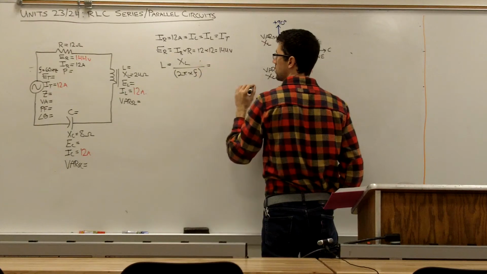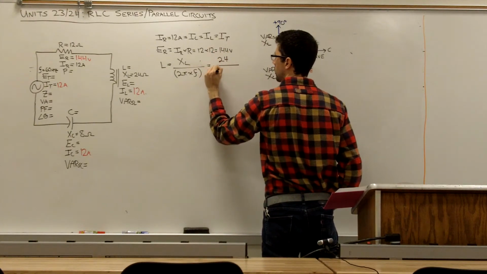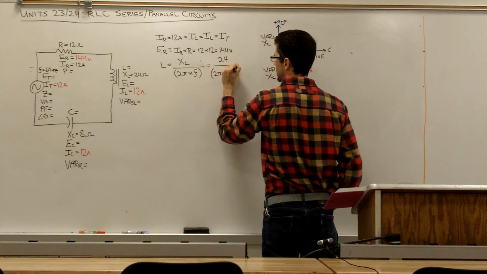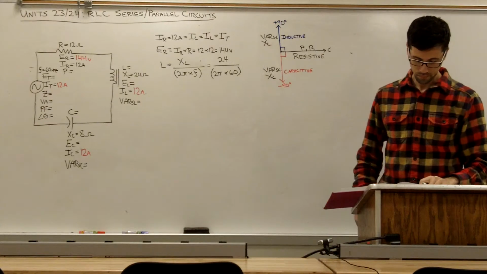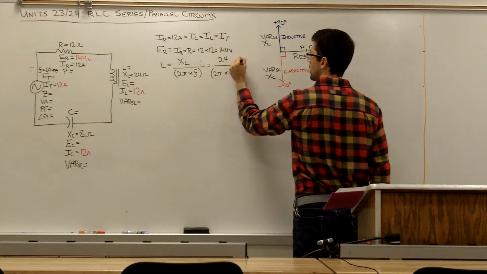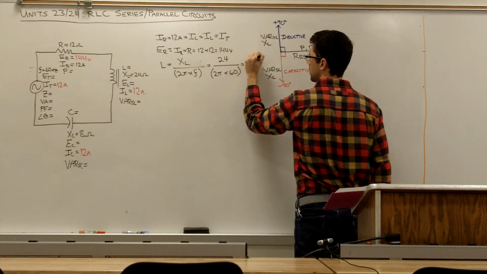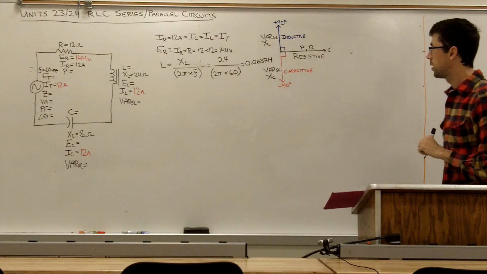So the inductance is going to be 24 divided by 2 pi times the frequency of 60 hertz. And that gives me 0.0637 henrys.